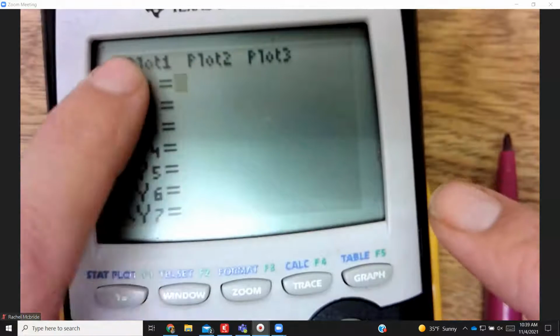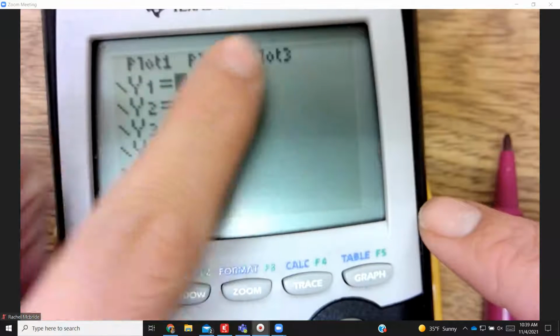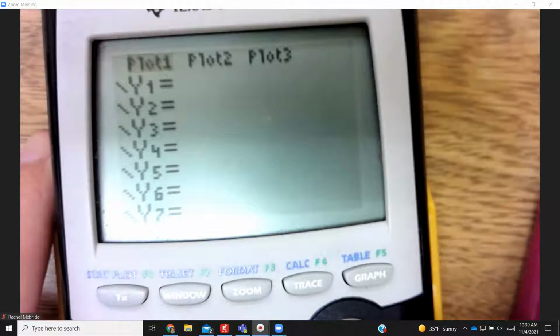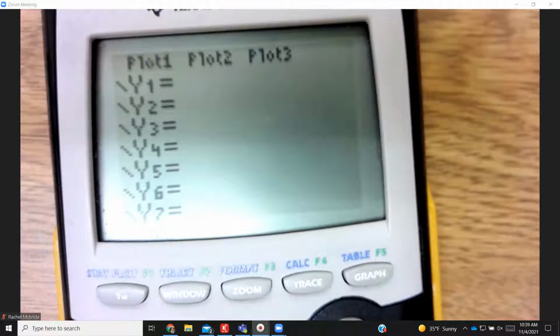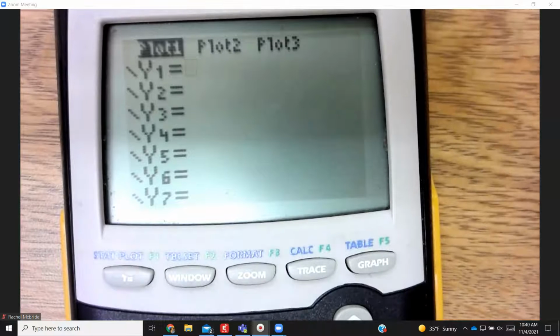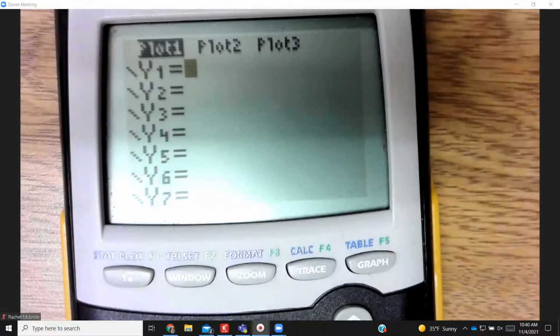If your plot looks like mine, like none of them are dark, you're going to arrow up to plot. So it'll be blinking. And you want to hit enter and then arrow back down. So you want plot 1 to be darkened. We got this screen by hitting y equals.